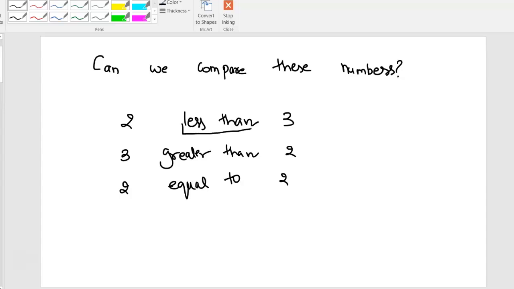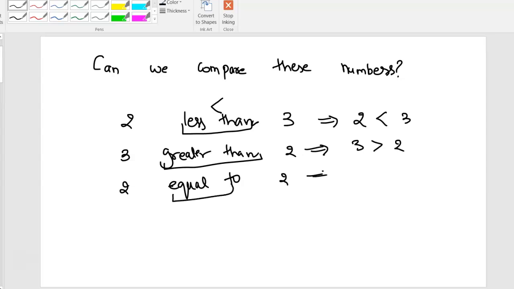So for less than, we use this sign. So we write it as 2 is less than 3. For greater than, we use this sign. 3 is greater than 2. And for equal to, we use this sign. And we'll say 2 is equal to 2.